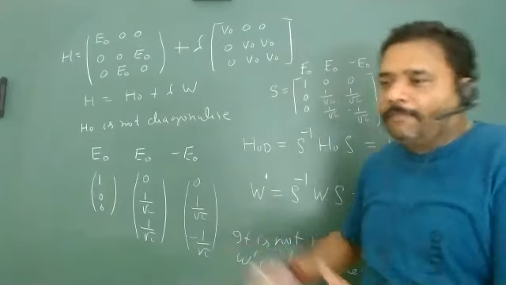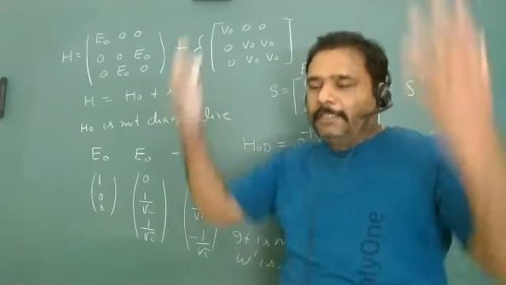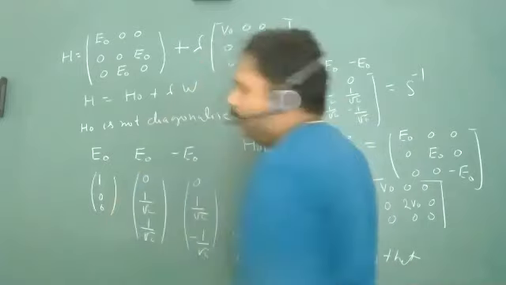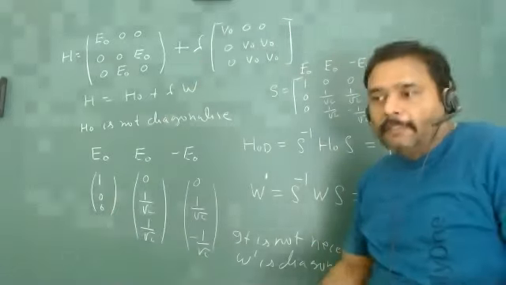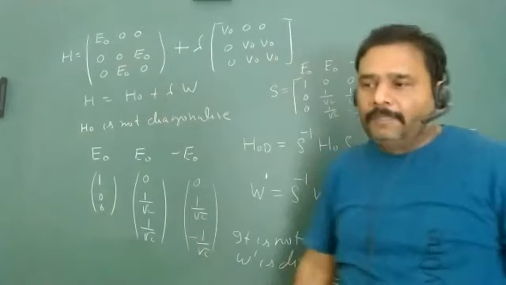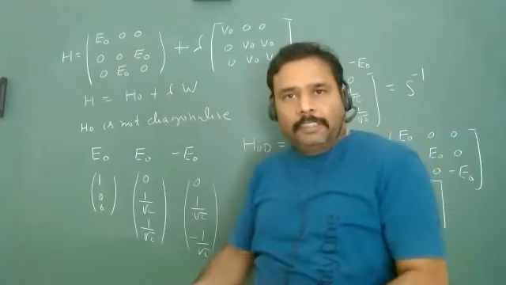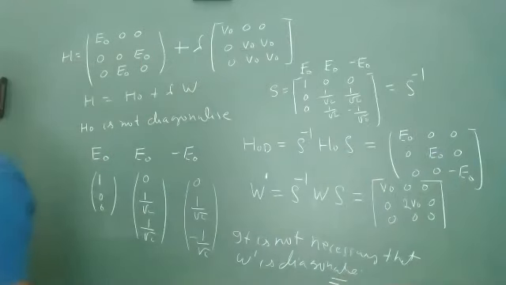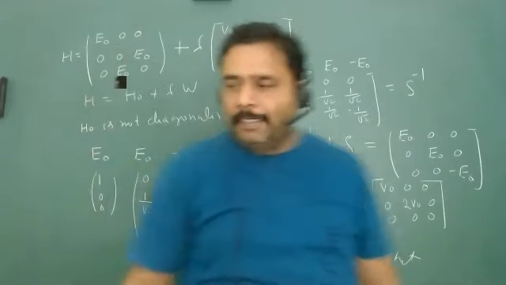We just save one step. This is fortunate that we have taken such a beautiful perturbation that it is also diagonalized in a basis of H naught, in a basis of matrix in which H naught is diagonalized. Why is it happening? Can anybody give me the intuition? Due to unitary... No, the unitary matrix is not there.